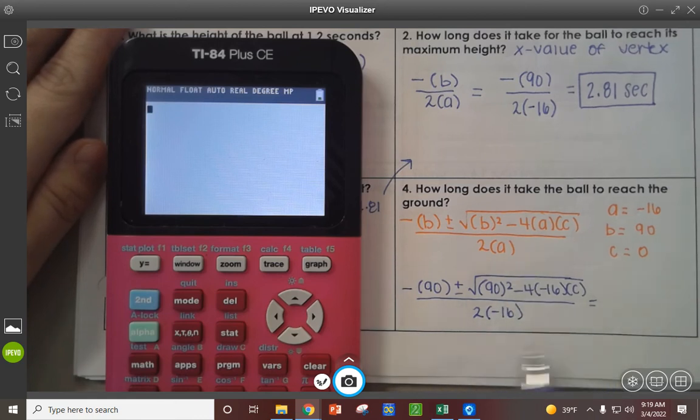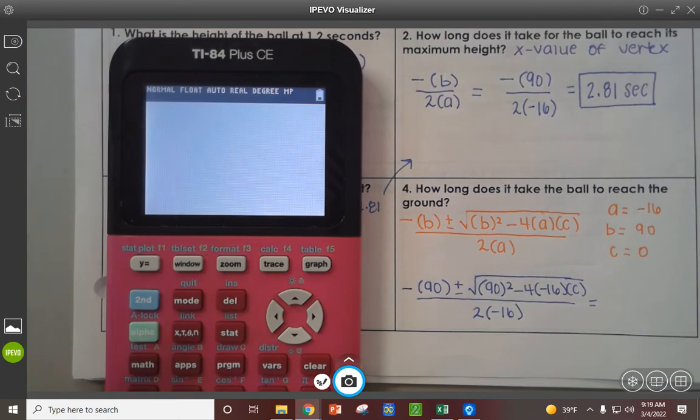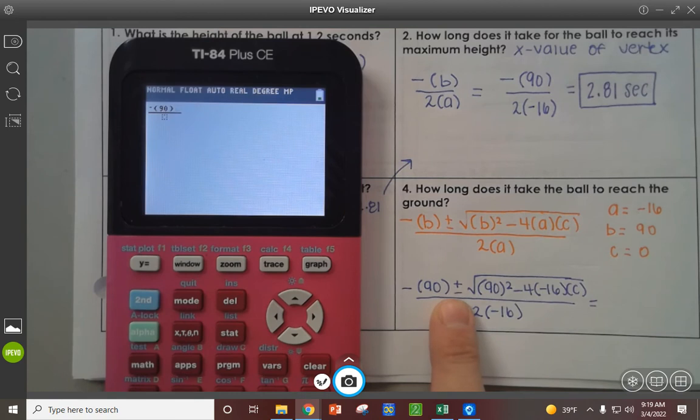Remember what we did on this lesson? We just typed the whole thing in the calculator at once. So that gets your fraction. And type it in. One time use a plus.